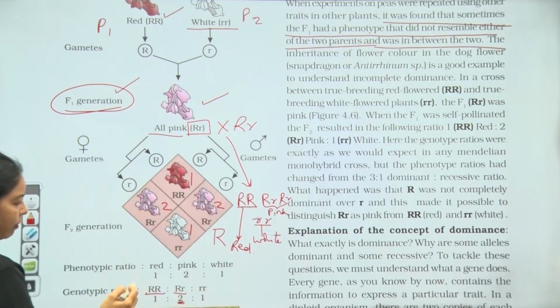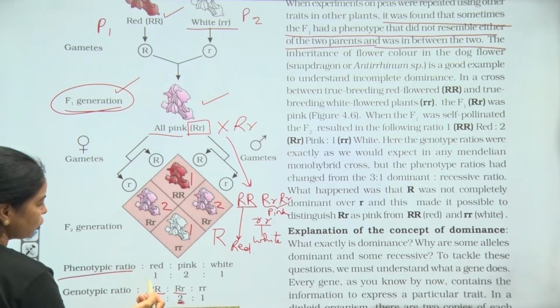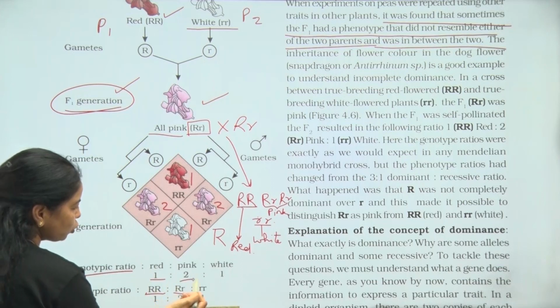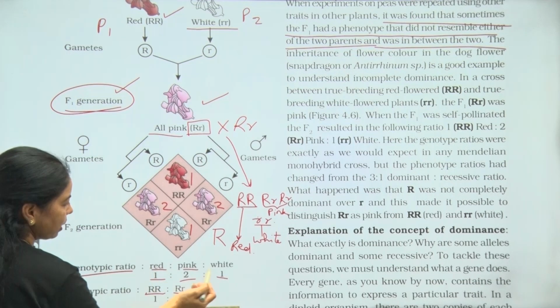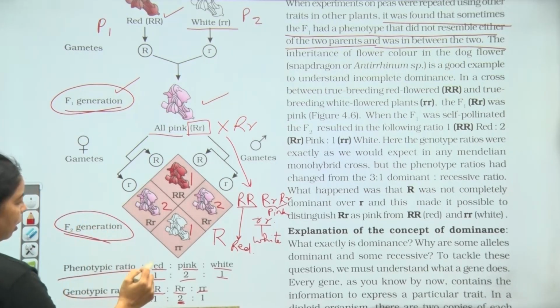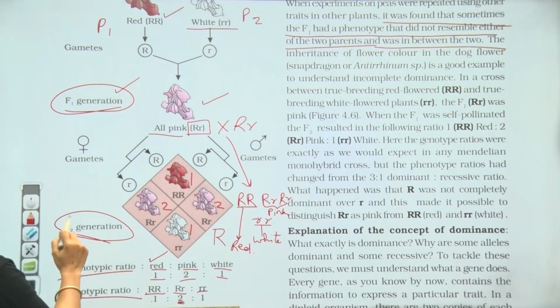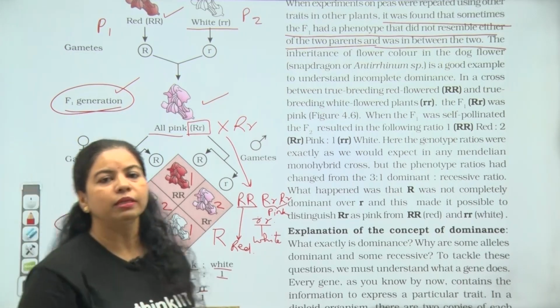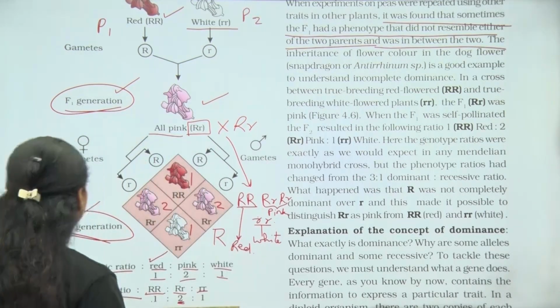Okay, so here we can see the phenotypic ratio is 1:2:1, that is red to pink to white, and the genotypic ratio is also similar to the phenotypic ratio, that is also 1:2:1. So we can see here, according to our question, that we get 25% red colored flowers in F2 generation after selfing the F1 generation plants.